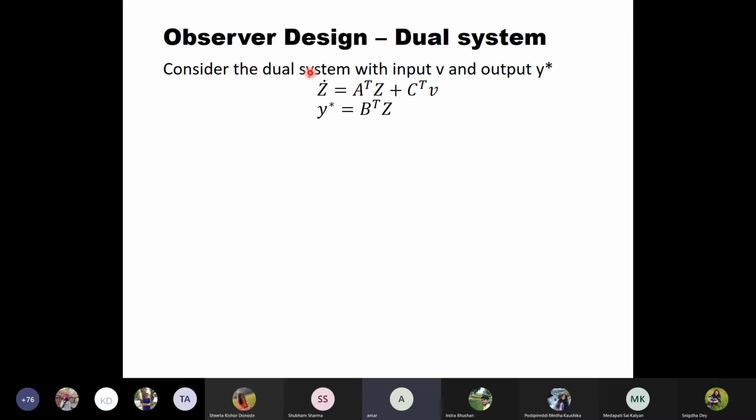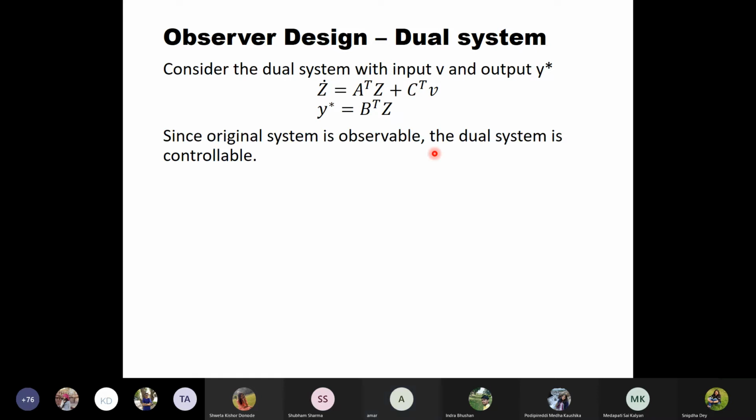Now for this dual system, if I try to design a state feedback controller, then we can easily say that if the original system is observable, obviously the dual system will be controllable. So the first condition for designing the control system is achieved.